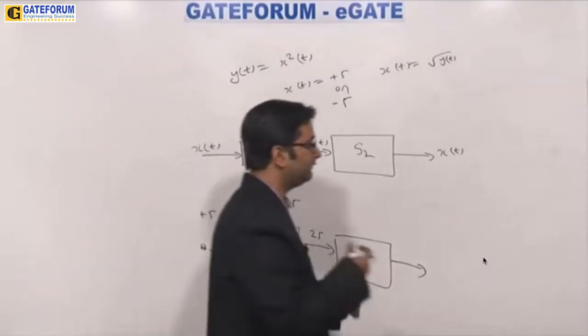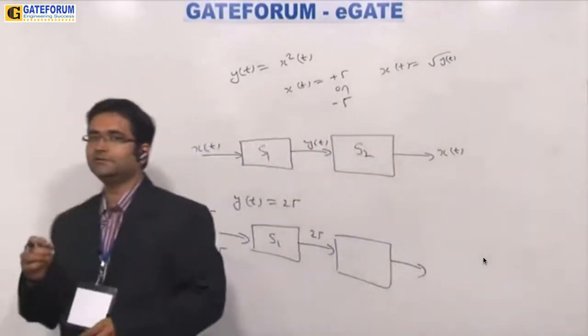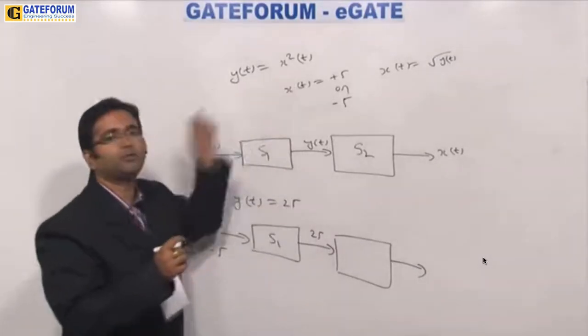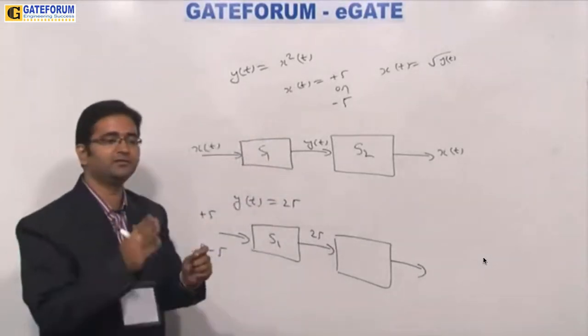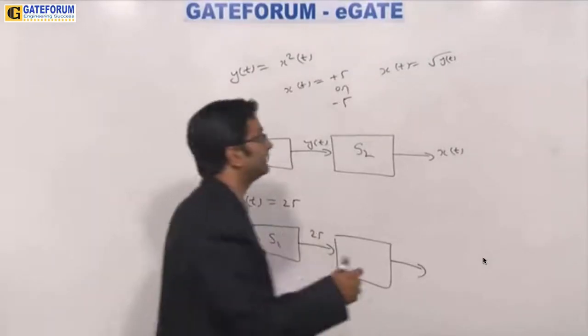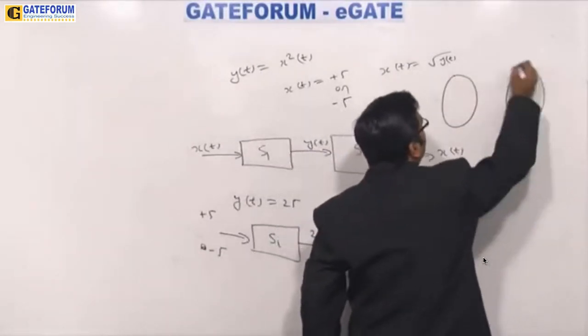Now how to identify whether the given system is invertible or not? The rule is very simple. We just have to see whether there is a one-to-one mapping from the input to output or not. If one-to-one mapping exists, the system is an invertible system. If one-to-one mapping does not exist, the system is a non-invertible system. One-to-one mapping means for each unique input there is a unique output.